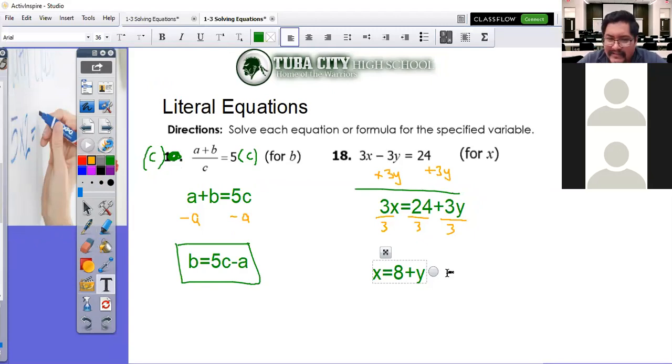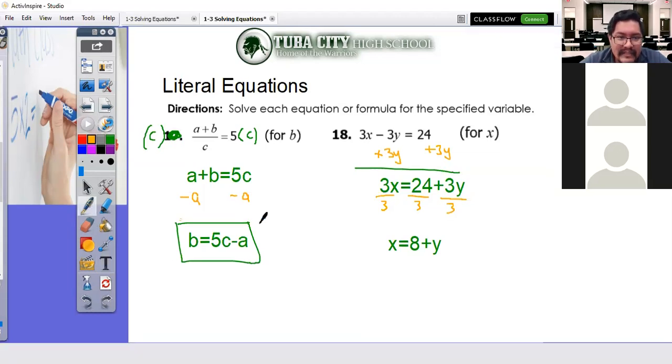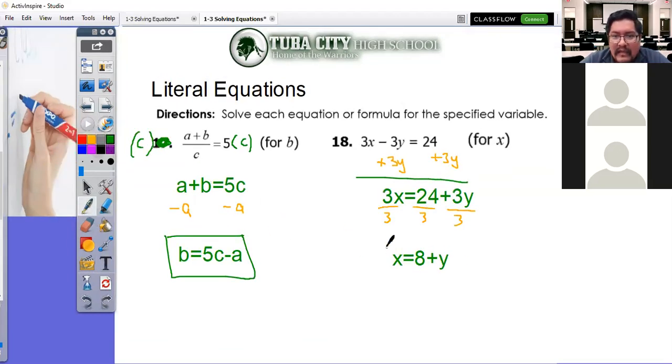And I think that's pretty much it. One other thing you could have done was divide everything by 3 on the first step. That way you would have had much smaller numbers to work with, but it is what it is.